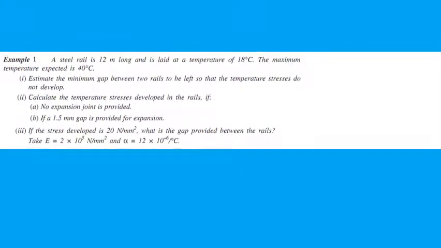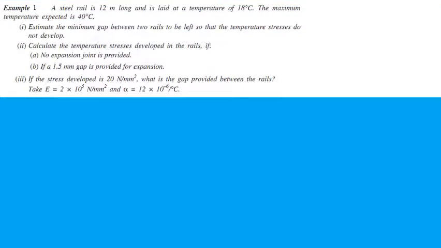Now let us solve the problem on temperature stresses or thermal stresses. The given statement is: a steel rail is 12 meters long and is laid at a temperature of 18 degrees Celsius. The maximum temperature expected is 40 degrees Celsius. First, estimate the minimum gap between two rails to be left so that the temperature stresses do not develop.